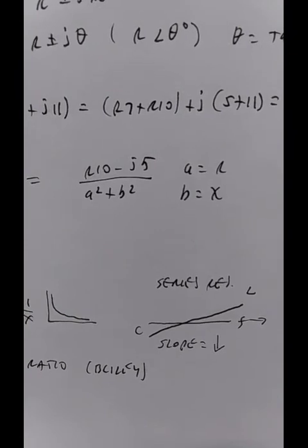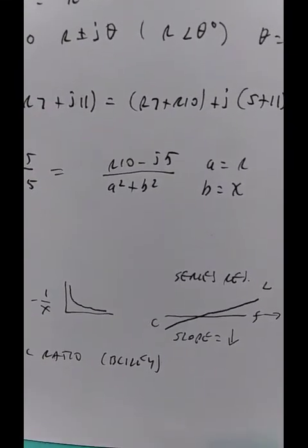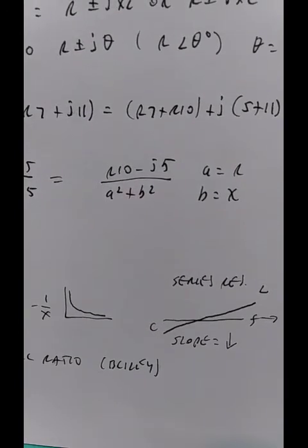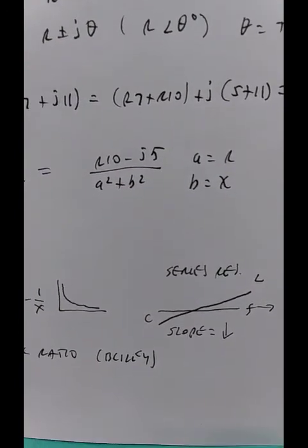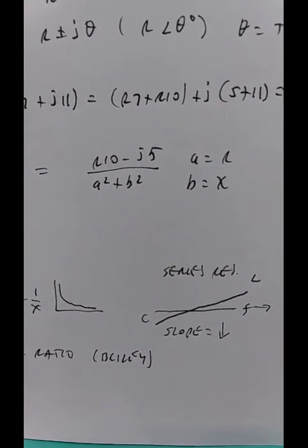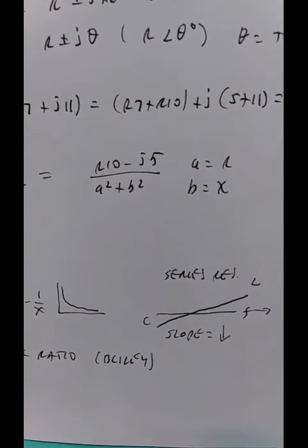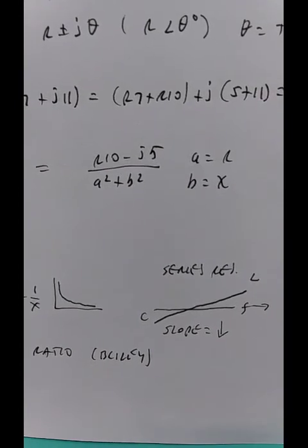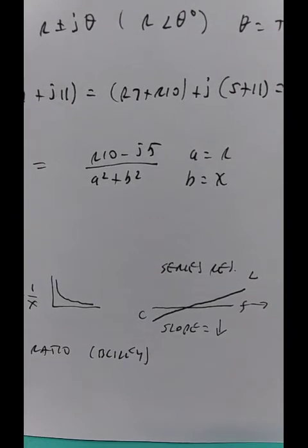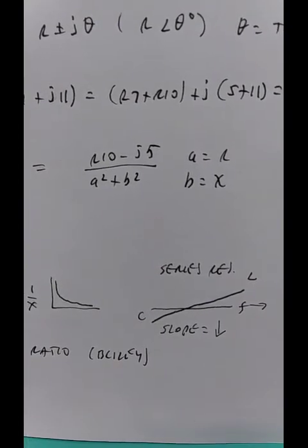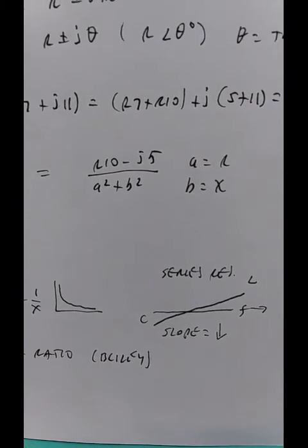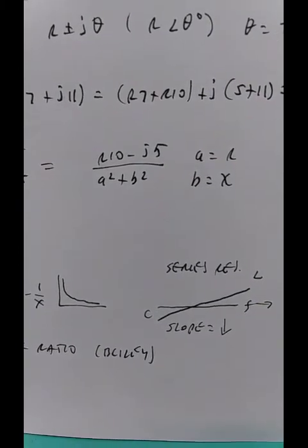Where a is R and b is X. Now to finally convert that away from a fractional form, divide the numerator and denominator by a squared plus b squared, or 125, and the denominator goes away. That's not really useful here because it's implied that R10 minus j5 is times 1, but maybe if there was a 125 times R10 minus j5, the 125 top and bottom would cancel. That would simplify it. So it's just algebraic simplification.